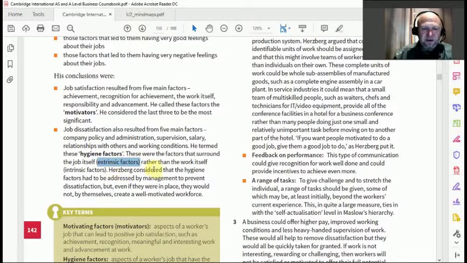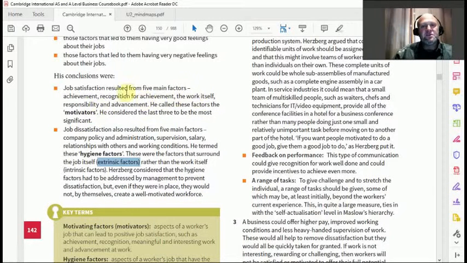So Herzberg considered these hygiene factors have to be addressed for management to prevent dissatisfaction. If they were not in place, then people would be immediately dissatisfied. But if they were in place, it doesn't mean they would necessarily be motivated. So to create a very well motivated workforce, you needed to have the motivator factors as well.